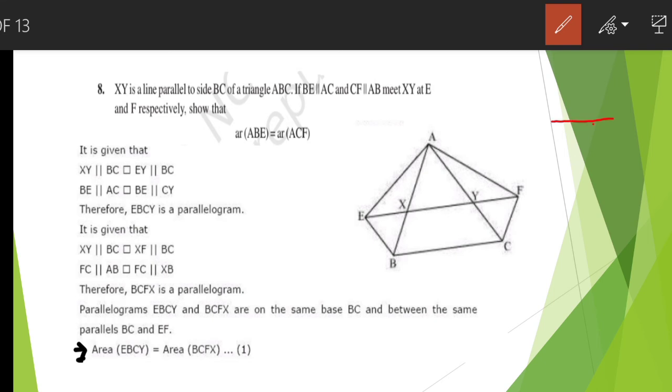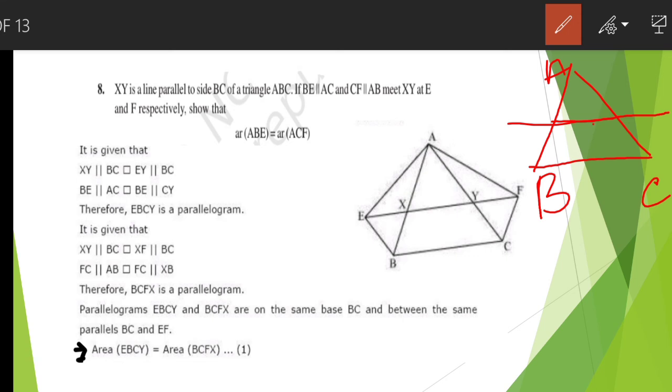XY is a line parallel to the side BC. So we have a triangle ABC, and in this triangle XY is a line parallel to BC. But where is X, and is the line bigger or smaller than BC? We do not know.